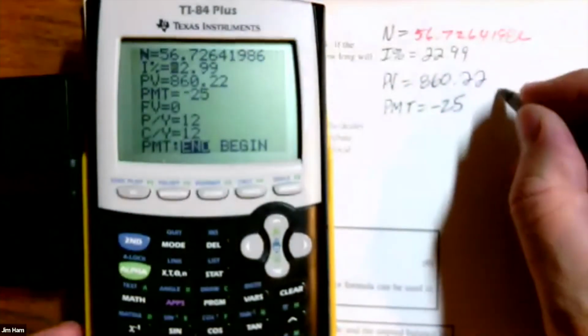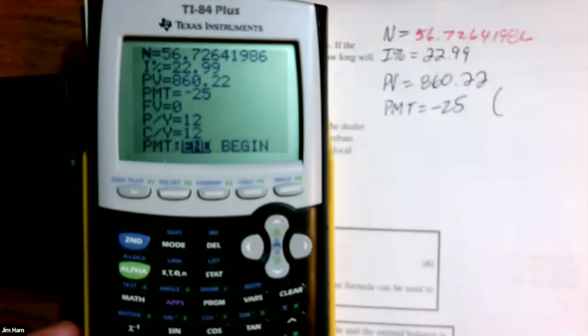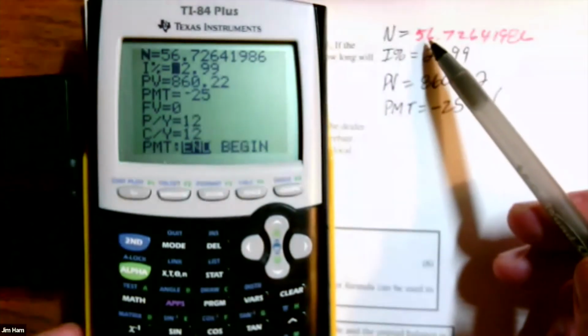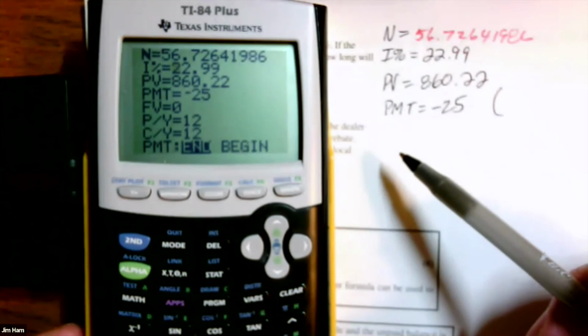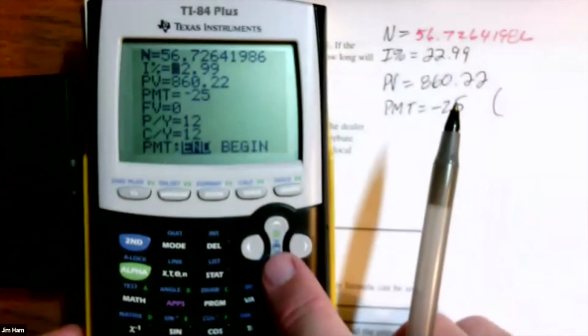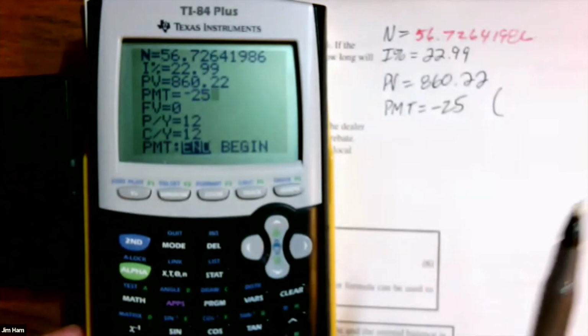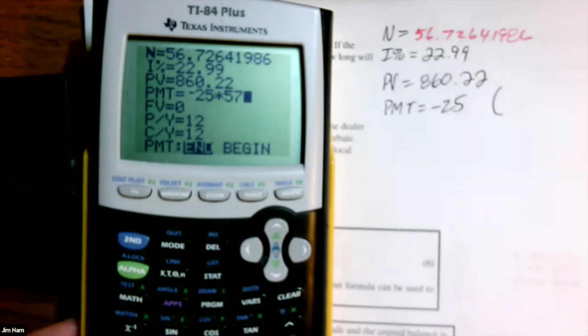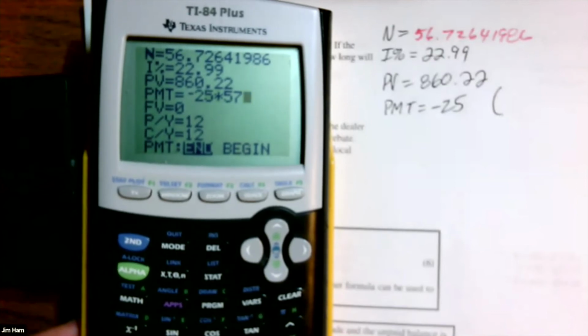All right, so what they'll often do is ask you to find out how much interest you paid over those 4.5 years, 4 3/4 years. So if you make that payment right there, let's say it's for 57 months, because you're not going to quite have it paid off after 56 months.